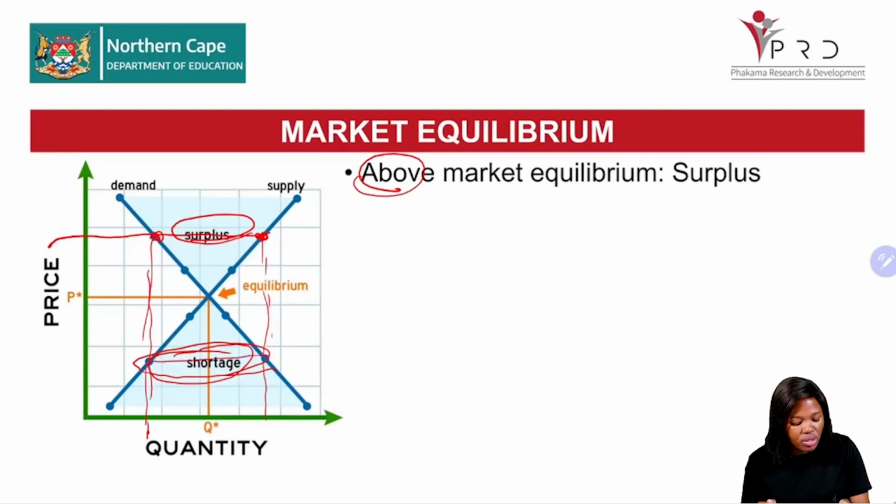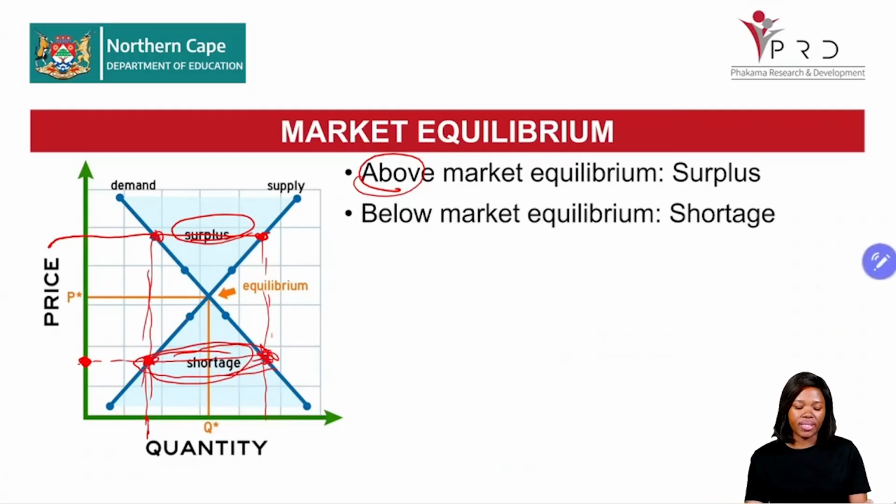But at this point, when the price is low, these ones will demand more, and these ones will supply less. So in the market, there will always be a surplus or a shortage if there is no understanding between consumers and the suppliers or producers.